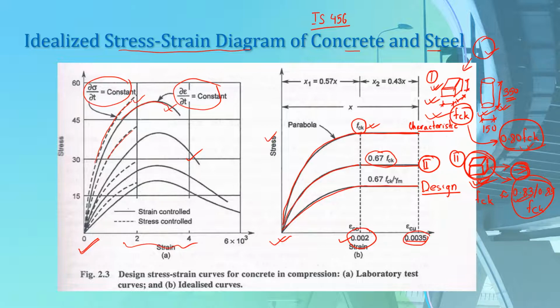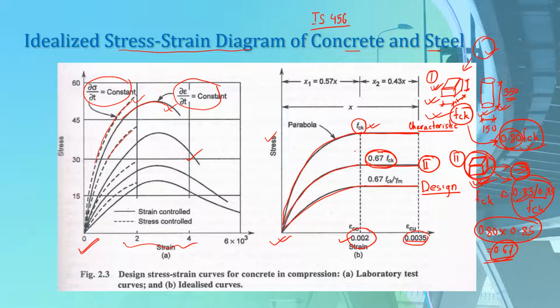So to account for these two factors, if you multiply 0.80 by 0.85, we get a value of nearly 0.66 or 0.67, and we use this 0.67 value to get the characteristic strength.